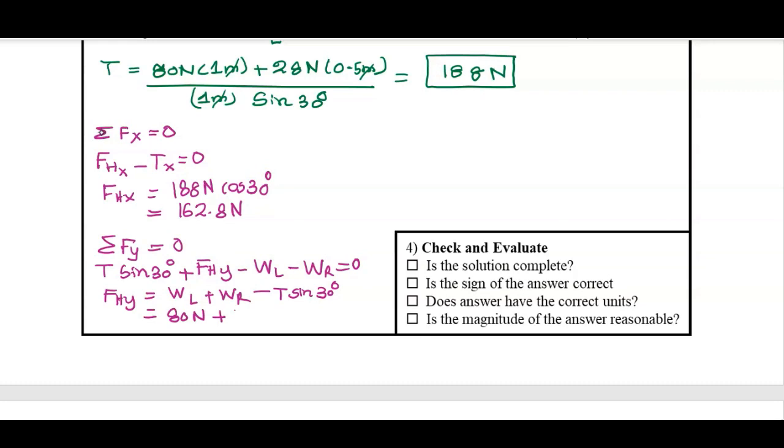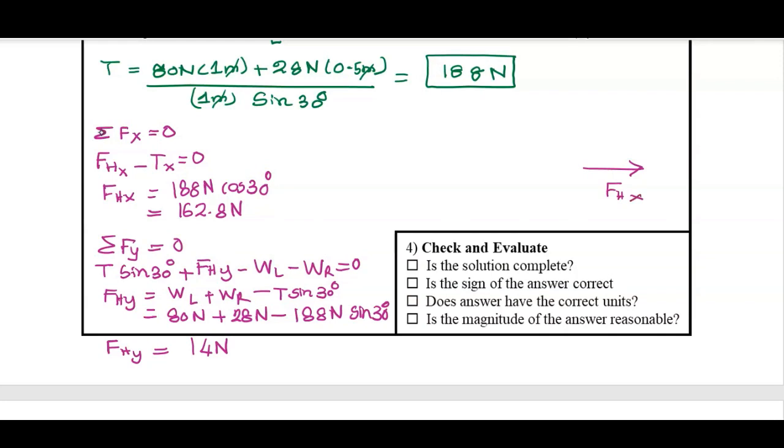If you substitute the values, 28 newtons plus 80 newtons minus 188 newtons times sine 30, give me 1 second. I'm going to do the calculation and let's see what I get. 14 newtons. All right, so that's positive as I expected. The y component of the hinge force is acting up.